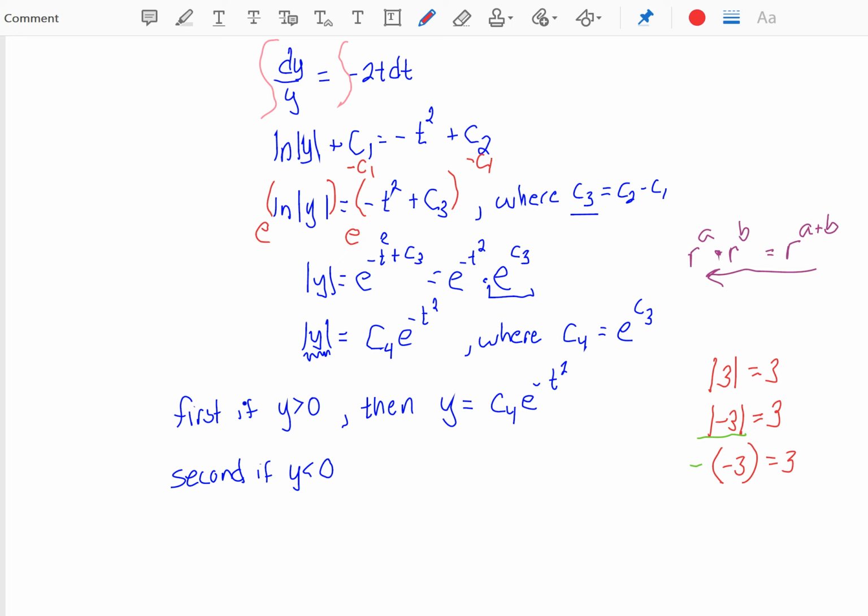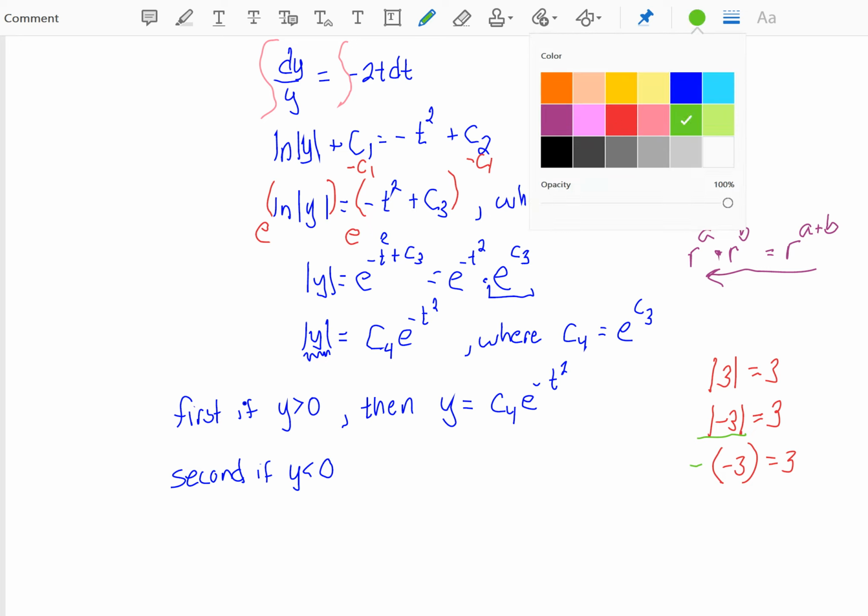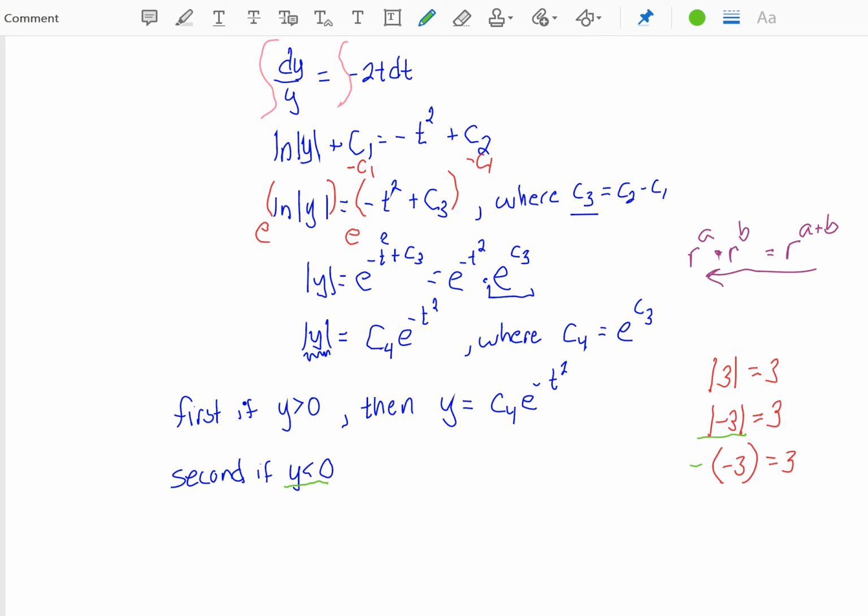So here we're supposing that y is less than 0. We know it's negative. Then the absolute value of y can really be written as the negative of y is equal to c4 e to the negative t squared.